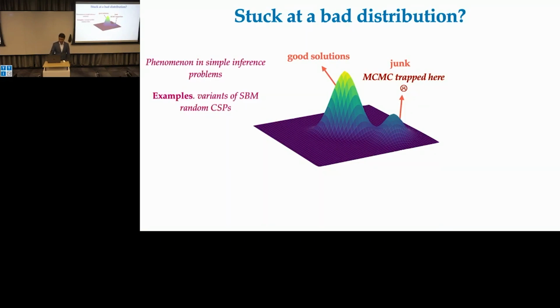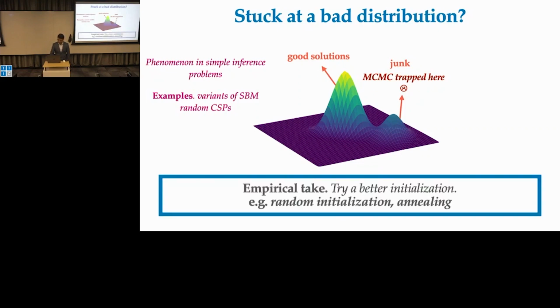And this is a phenomenon that shows up for very simple inference problems, such as random constraint satisfaction problems or variants of the stochastic block model. Now, the empirical take to handle this sort of issue is to either use a random initialization or try to choose your initialization more cleverly, such as in this way called simulated annealing, which I will tell you about and hopefully tell you a theorem about as well.